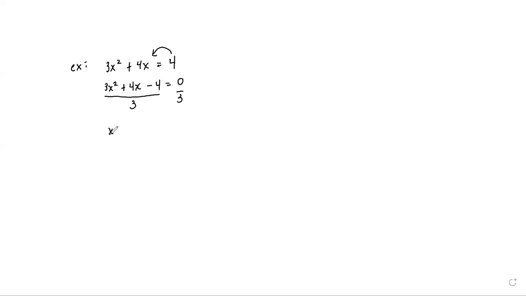So we get x squared plus 4 over 3 times x minus 4 over 3 is equal to 0 divided by 3, which is 0. So the next step is to transpose the constant to the other side. So we write x squared plus 4 over 3 times x. And then we have positive 4 over 3 at the right side.